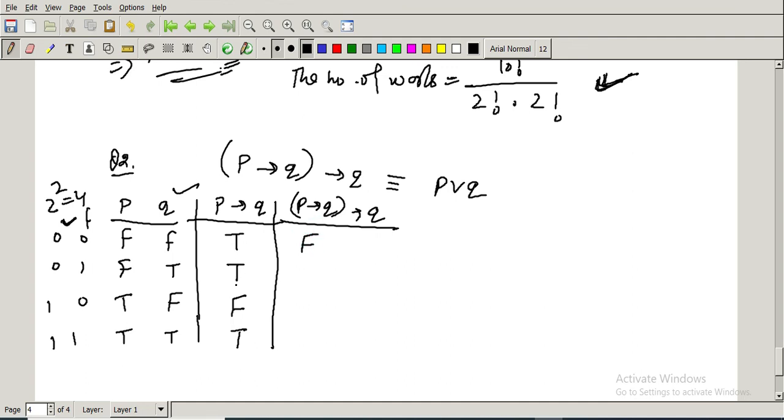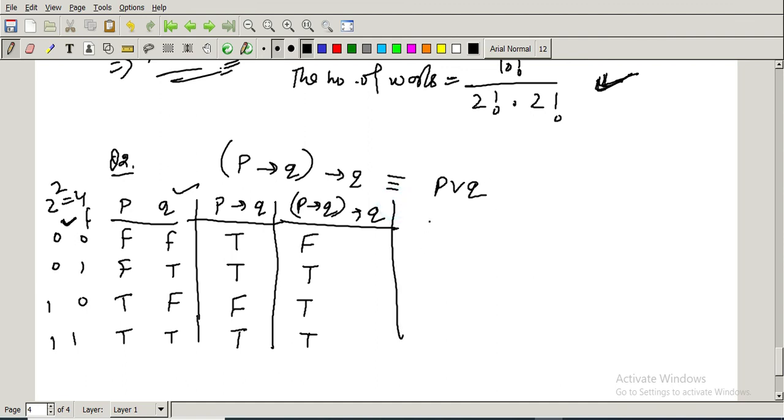If P is true and Q is true, then it is true. If P is false and Q is true, again it will be true. And for the last, true will be true, because if P then Q.